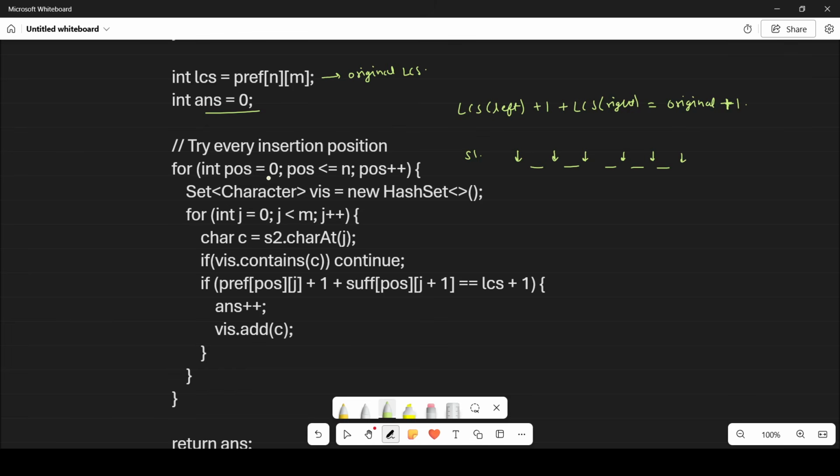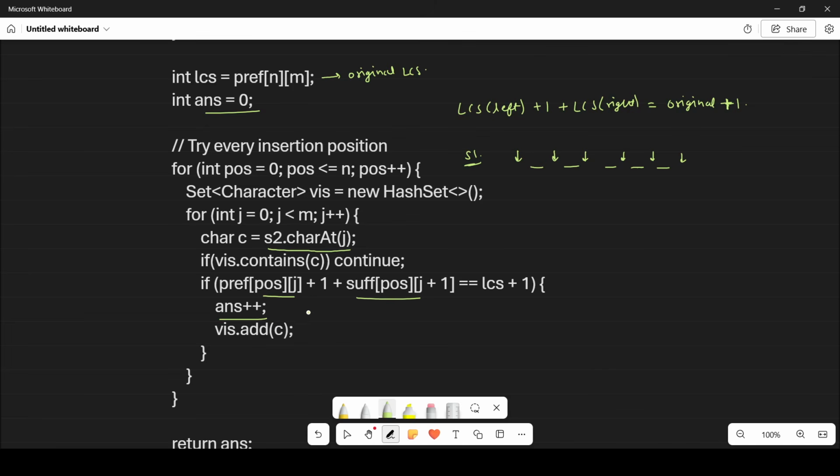So that's why we will try all types of placement in between of this string S1. And the relevant character, that is S2[j], as I discussed before also why it is relevant, increases our LCS of left plus LCS of right by 1. And if you find that your pref of position i, j and the suffix plus 1 is equal to the original LCS plus 1, you will increment your answer.